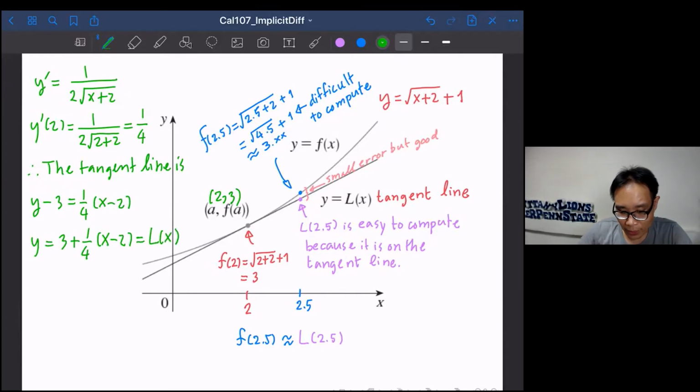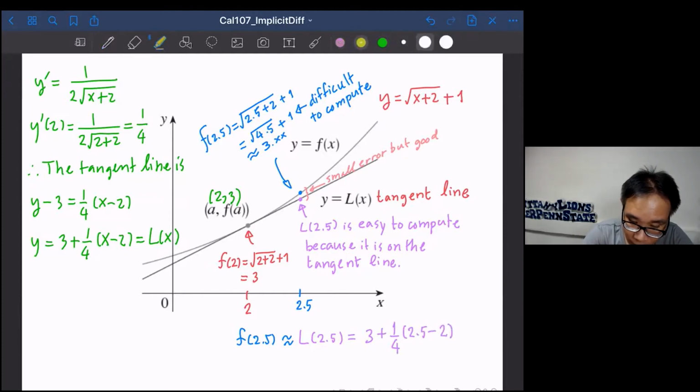And you're going to compute L(2.5). So L(2.5) in this case is going to be 3 plus 1/4 times (2.5 minus 2). Where did I put my x? This guy is my x here.